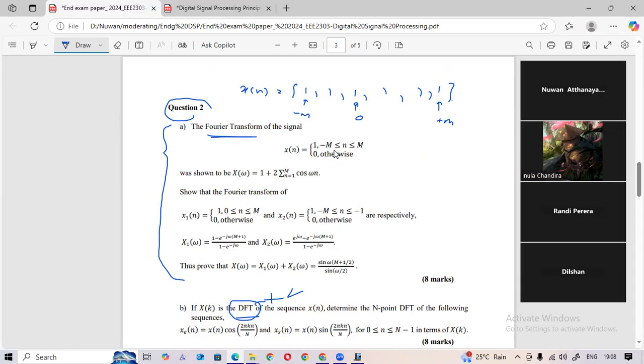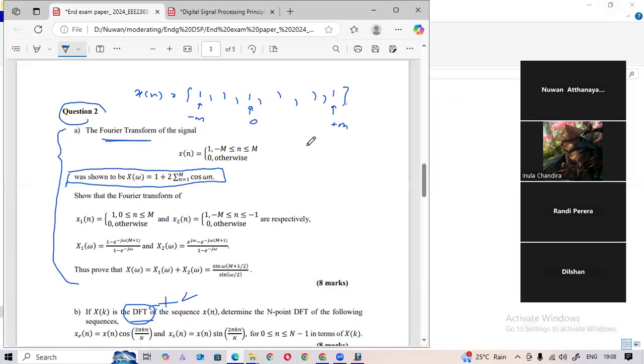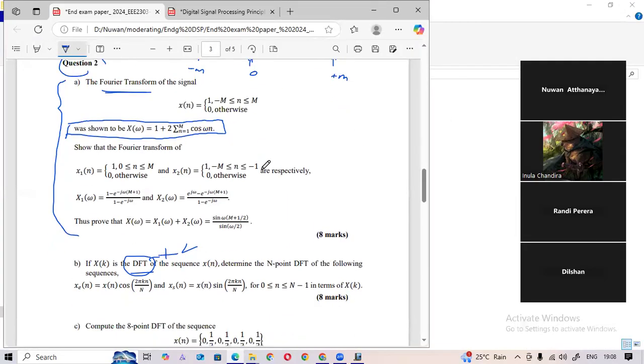Very easily you can show this. You are not asked to show this, but I think you will be able to see it. What you need to do is use the basic definition of the Fourier transform: xn e to the power minus j omega n, summed over n from minus infinity to plus infinity.